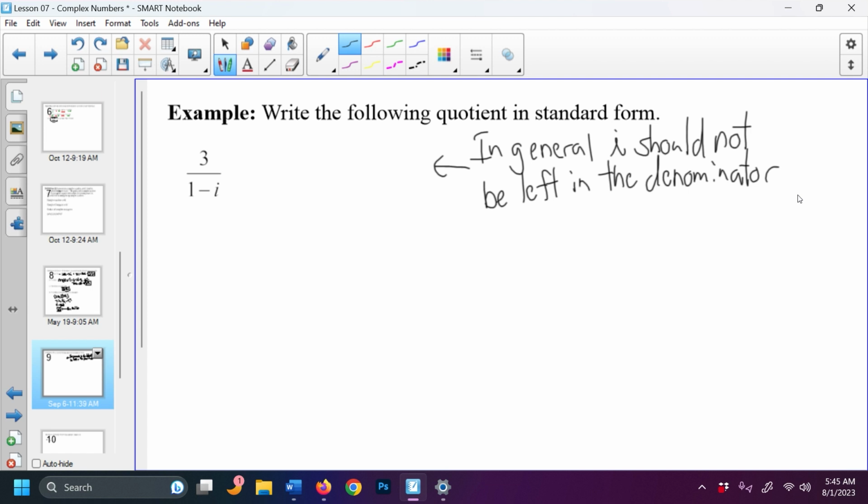So this is a process called rationalizing the denominator, changing what's in the bottom to a rational number. And the way we're going to do that is we're going to use the complex conjugates, and we're going to multiply by a funky one.